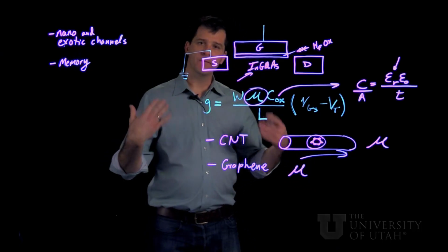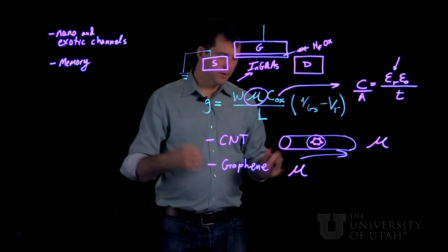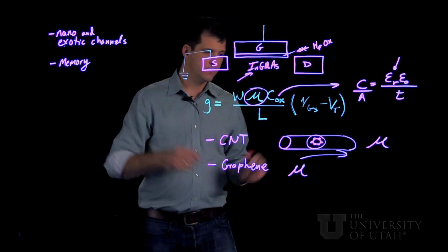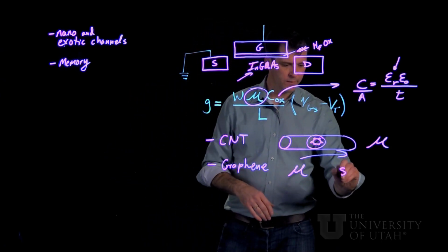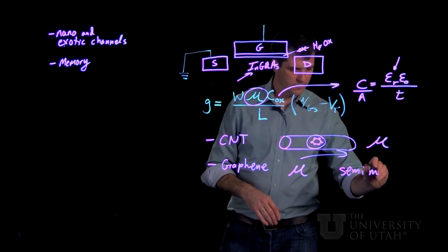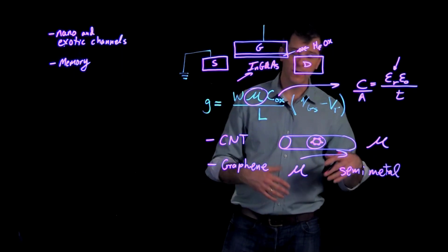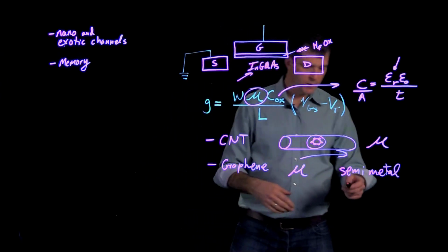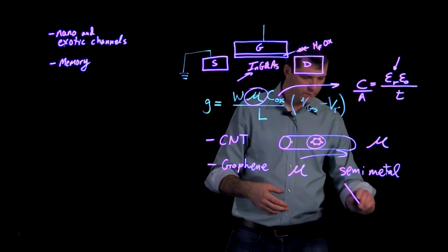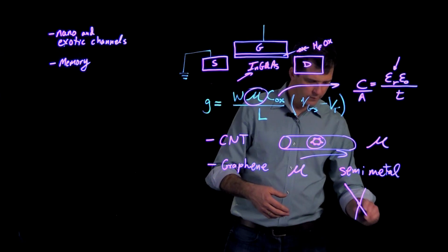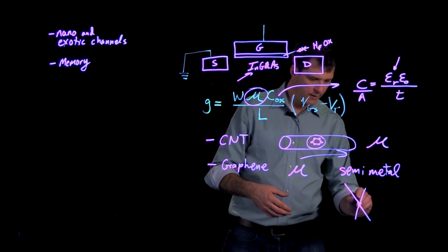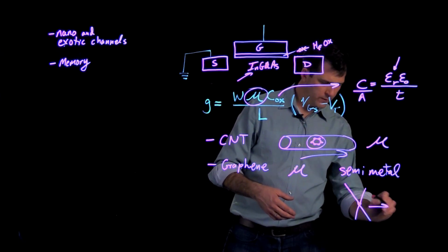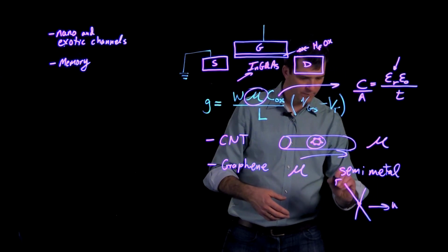The problem is it's not very useful for digital logic because it's impossible to turn off. It turns out that graphene is a semi-metal, so it's actually impossible to form a depletion width inside the graphene or totally depleted of carriers because the conduction band actually touches the valence band on the EK diagram.